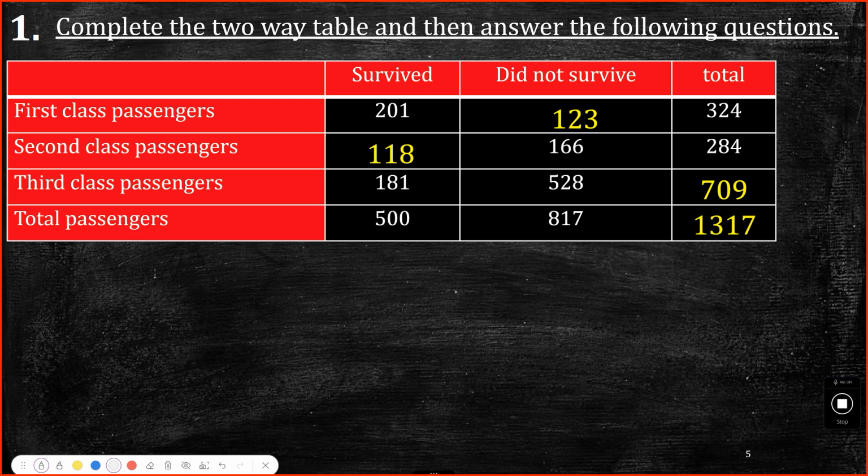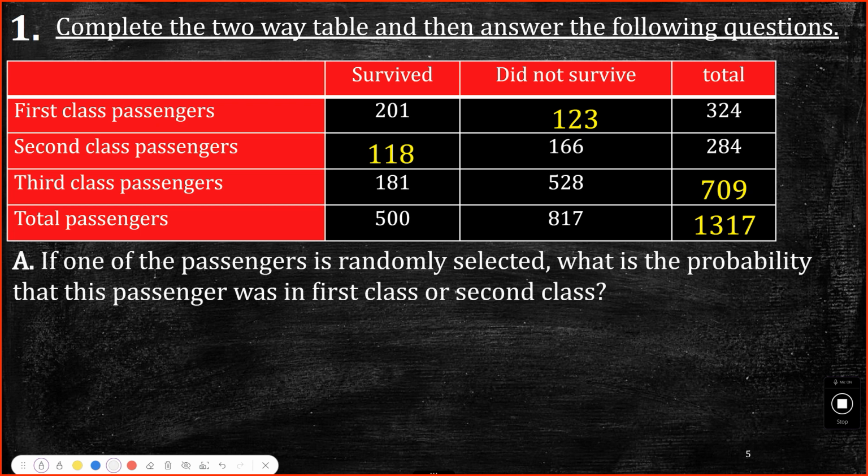All right. So now let's answer some questions. If one of the passengers is randomly selected, what is the probability that this passenger was in first class or second class?